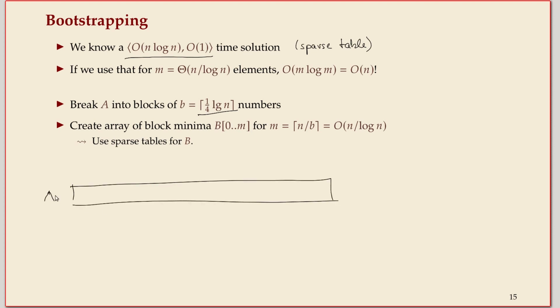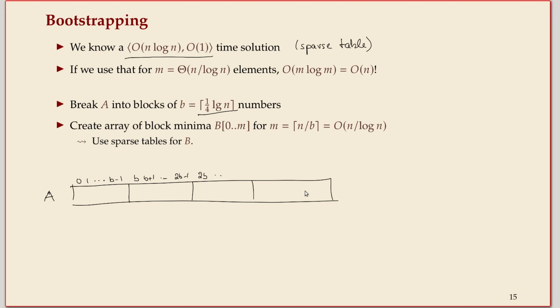So this is A. It starts with 0, 1, and so on, up to B minus 1. That will be the first block. And then it continues from B, B plus 1, up to 2B minus 1. Next block. 2B starts the next block, and so on. So that's easy enough. And B is just this magically chosen parameter.